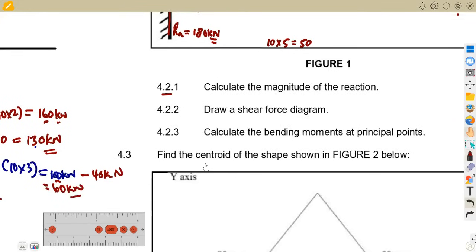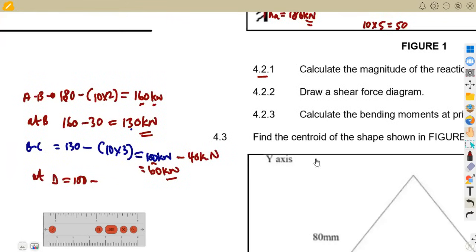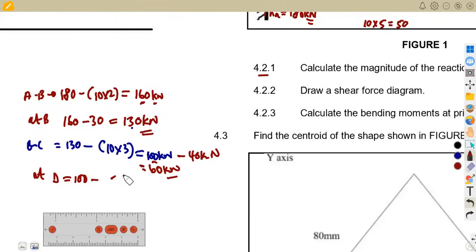So it's 100 minus 40, which gives 60 kilonewton, which is at D.